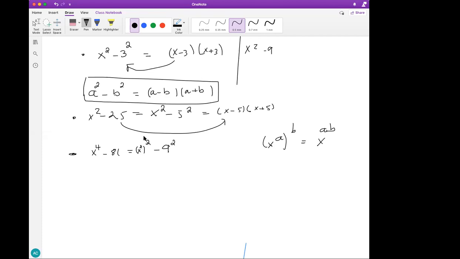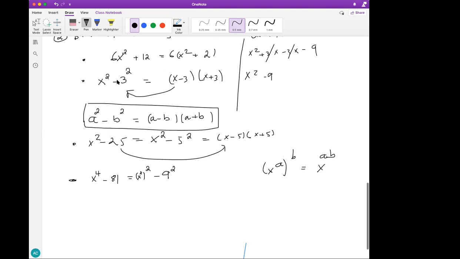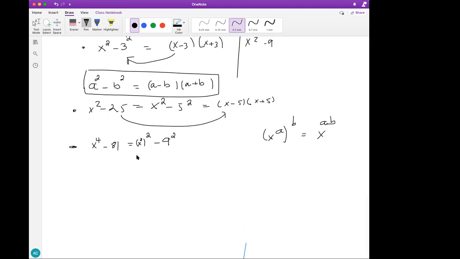What number multiplies by 2 to get this? First, you put the 2 here because we need it for the formula, then you figure out the number here. So x squared, 2 times 2. Where did we get 9 from? From 81. 81 is 9 to the second. So you make 2 squares. If you don't have 2 visible squares, you need to make them visible.